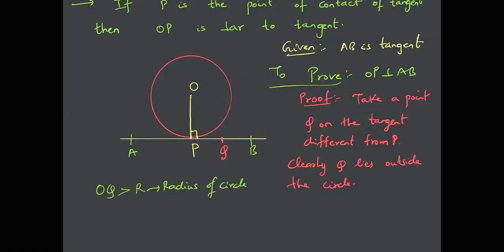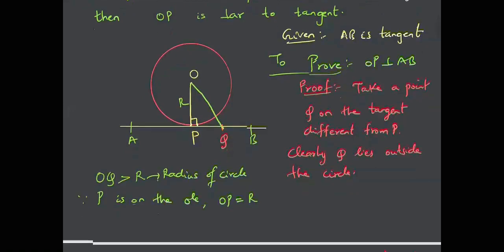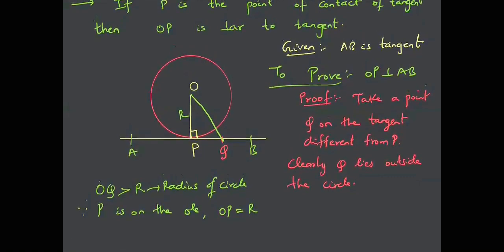And since P is on the circle, I can say that OP is equal to R. So OP is equal to R and OQ is greater than R. So if you take any point on this line, that is definitely at a greater distance than point P from the center.